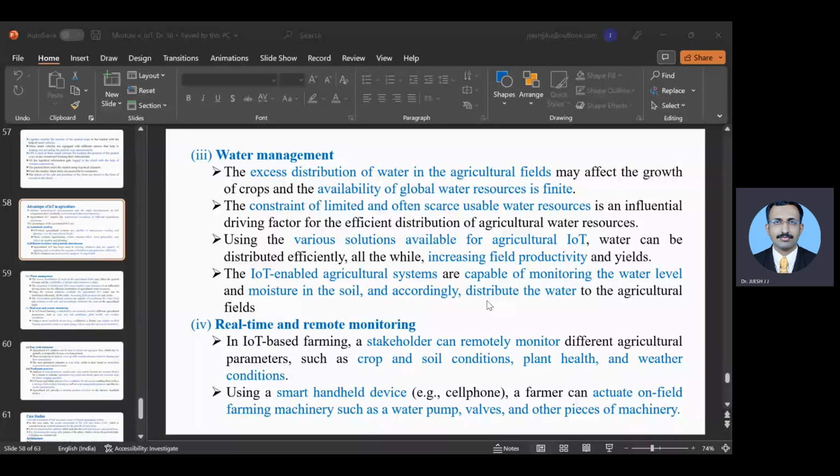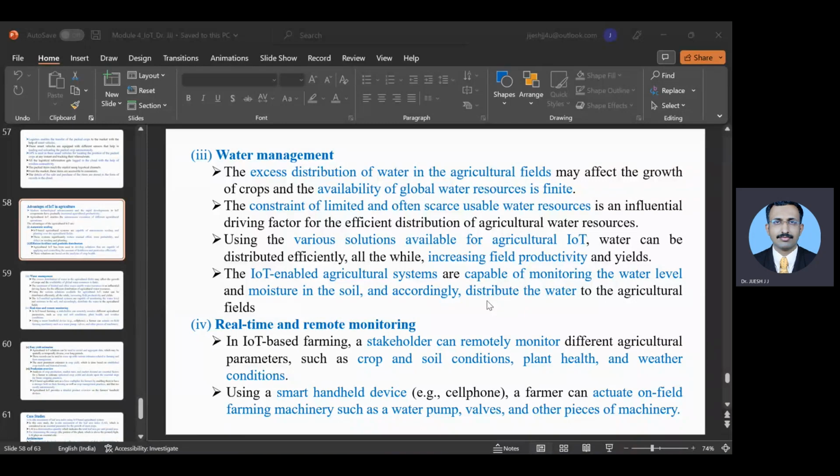The next one is pesticide and fertilization. The third one is water resources, management of water. Then the fourth one is real-time remote monitoring.